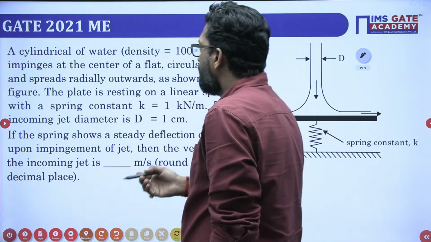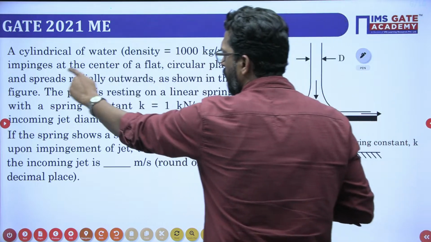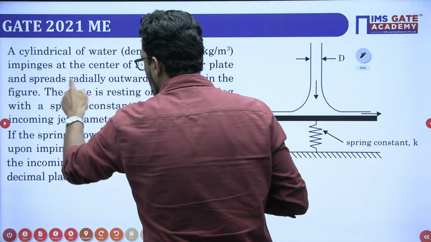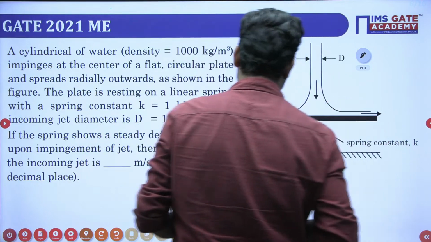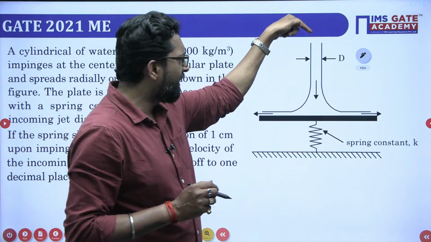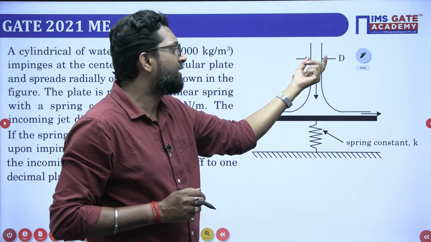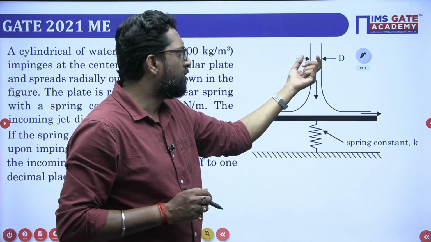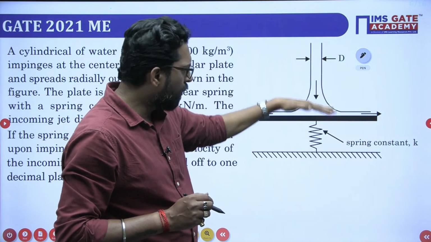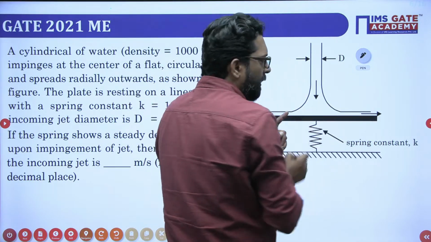The first question is that a cylindrical jet of water, density 1000, impinges at the center of a flat circular plate and is deflected radially, as shown in the figure. Water issues from a nozzle as a jet of diameter D, strikes the plate perpendicularly, and then glides along the plate in the radial direction.